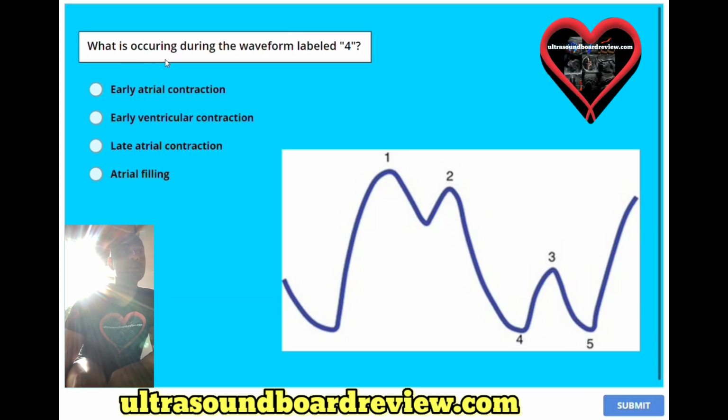Question 30. What is occurring during the waveform labeled 4? A, early atrial contraction, B, early ventricular contraction, C, late atrial contraction, or D, atrial filling?